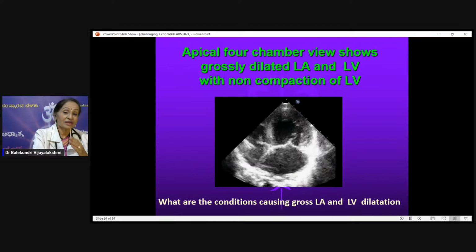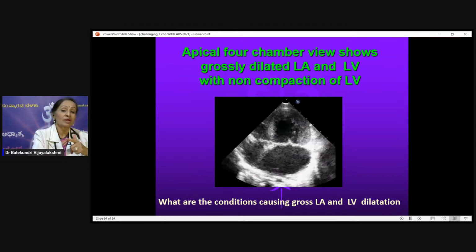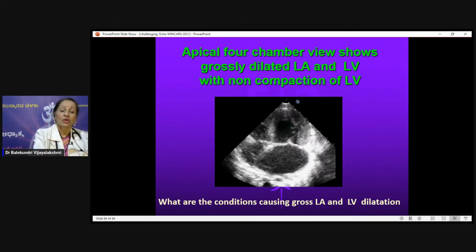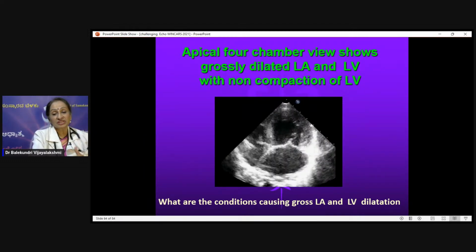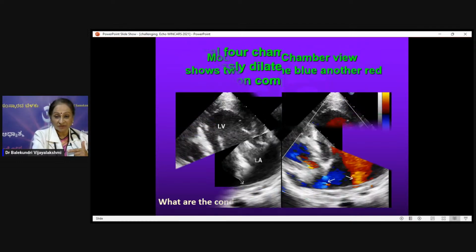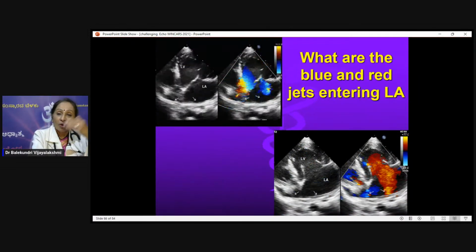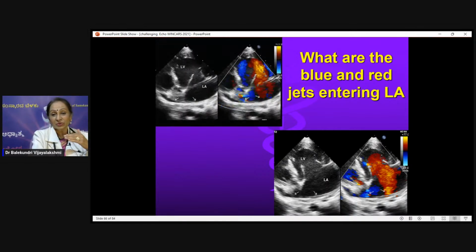They are dilated because all the systemic venous drainage is into the left side. So not only the pulmonary venous blood, but also the systemic venous blood is coming into the left side. Here you can see that there are three jets coming, and this is the modified view where you can get all the veins draining into the place.